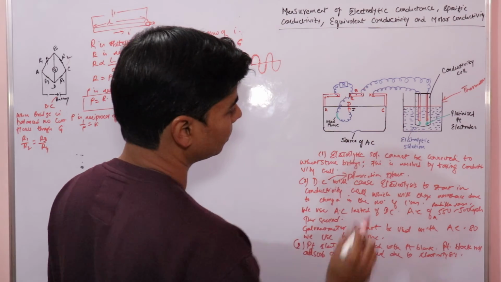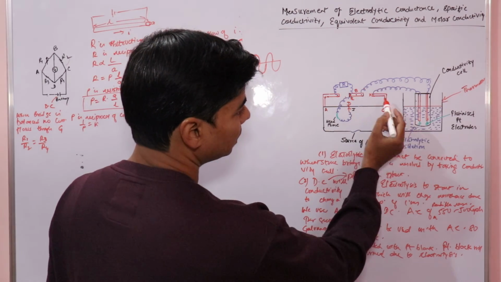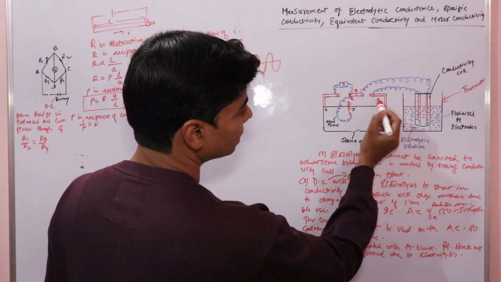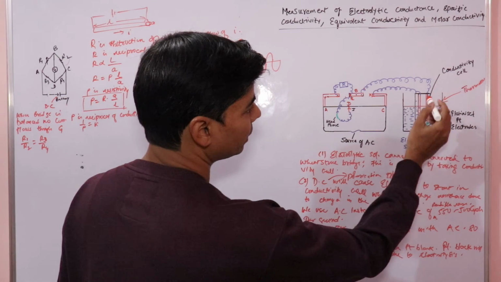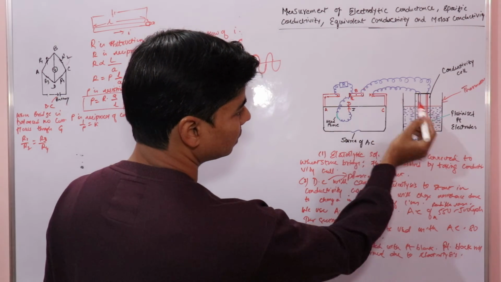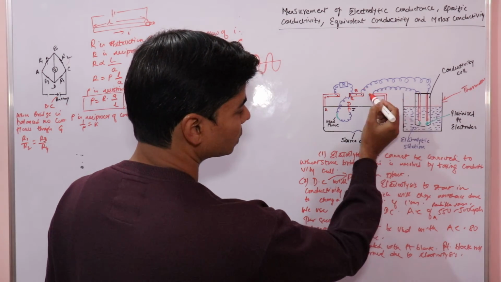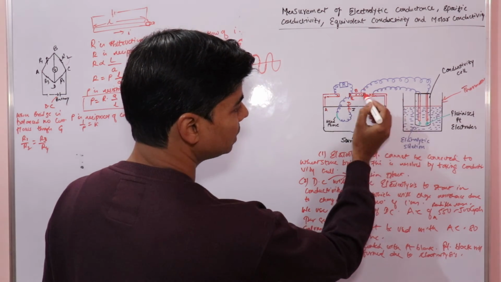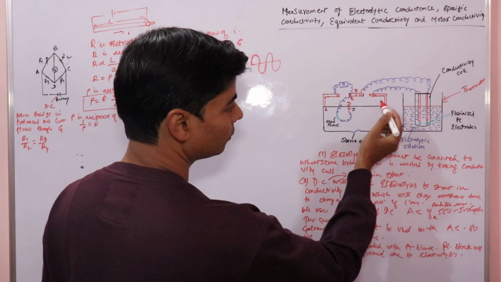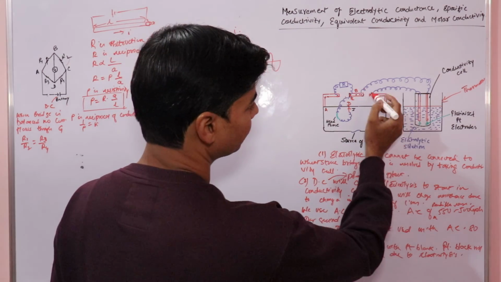Here X is the resistance of this electrolyte. If you see this, the electrodes are connected between these metals, which are of specific resistance.